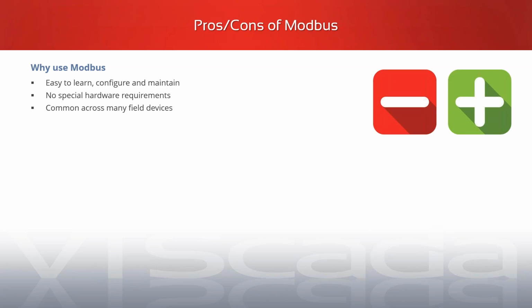That's great as long as it's actually common across those field devices. So there's a lot of devices that utilize Modbus, and what you'd like to do in many cases is you want to create one network that brings in all of your devices. If you can now use the same protocol for all those devices, then fantastic. But why not use Modbus? Well, it's non-standard in a lot of cases.